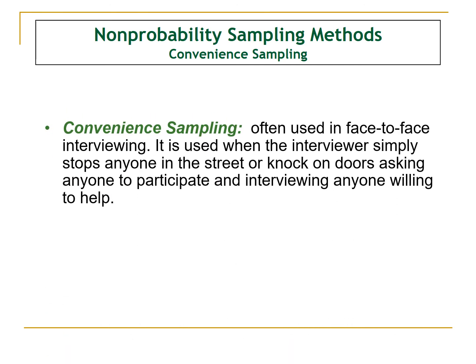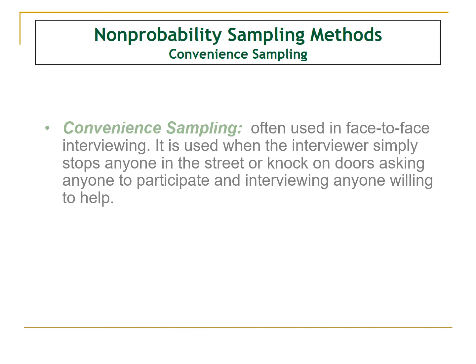In convenience sampling, it is often used when you have a face-to-face interview. It is used when the interviewer simply stops anyone in the street or knocks on doors, asking anyone to participate and interviewing anyone willing to help. In other words, the sample is selected from a group of people easy to contact or easy to reach.